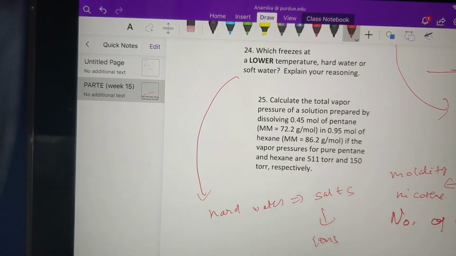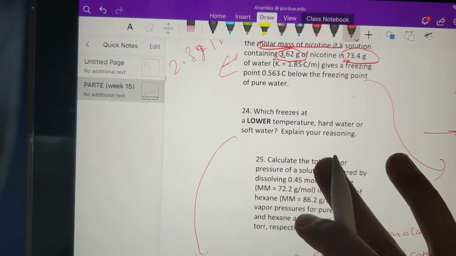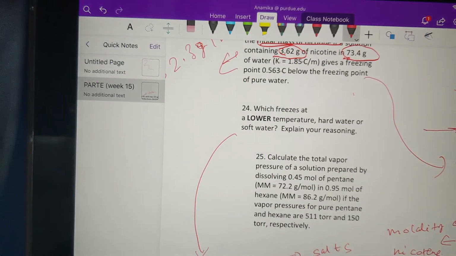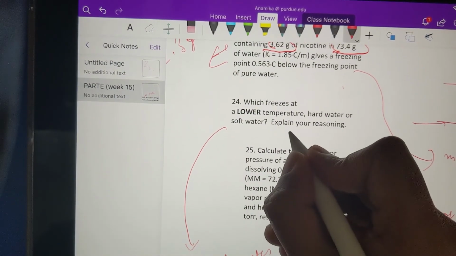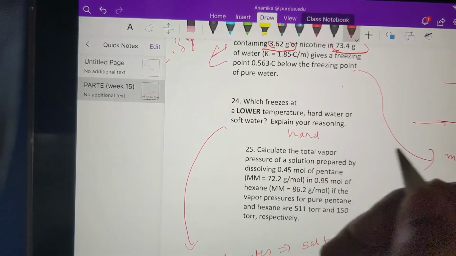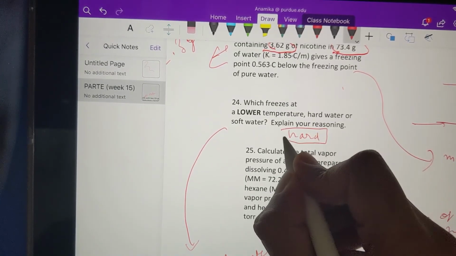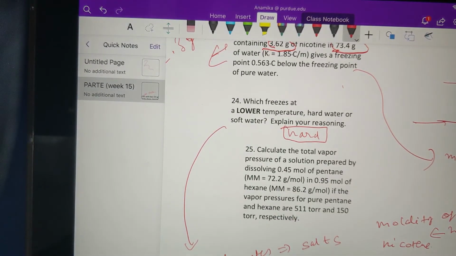So what happens when you add salt to pure water? So when you add the salt, the freezing point decreases. So the answer for this one easily will be hard water, because you have the salt and that is going to decrease the freezing point of that water.